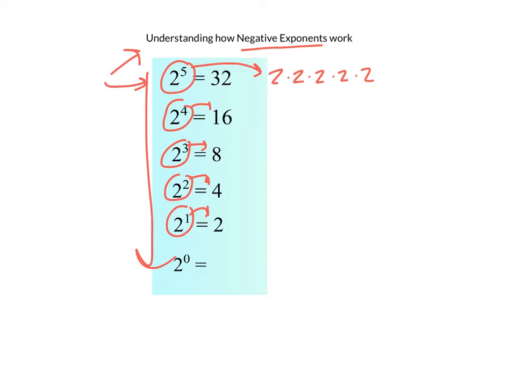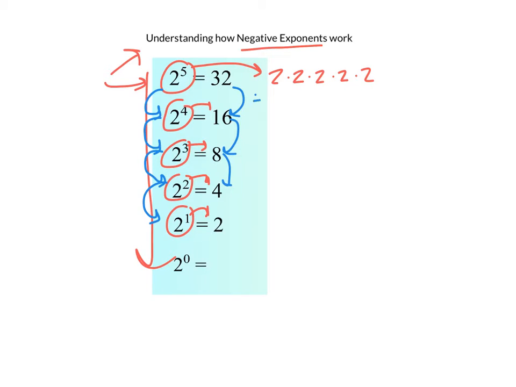Well, in math, we're always looking for patterns, you guys. So notice that as I go down by 1 every time with the exponent in my powers, what's happening over here to the numbers? You should think to yourself, what is happening right now? I bet you could pick it out. It goes from 32 down to 16, and then down to 8, and then down to 4.